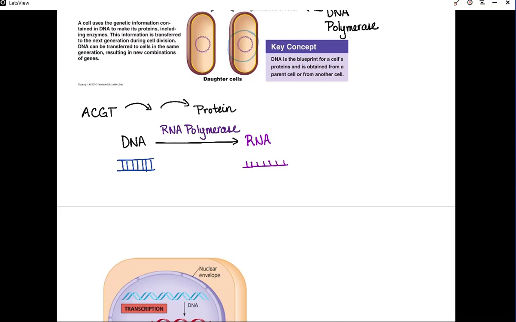Now that RNA basically represents like a photocopy of that gene, a mobile photocopy. Remember, the DNA is kind of locked away on the chromosome. It's not able to move very easily. So the RNA represents a photocopy that you can basically move from place to place. And so the idea is to take that RNA and move it to the organelle known as a ribosome.